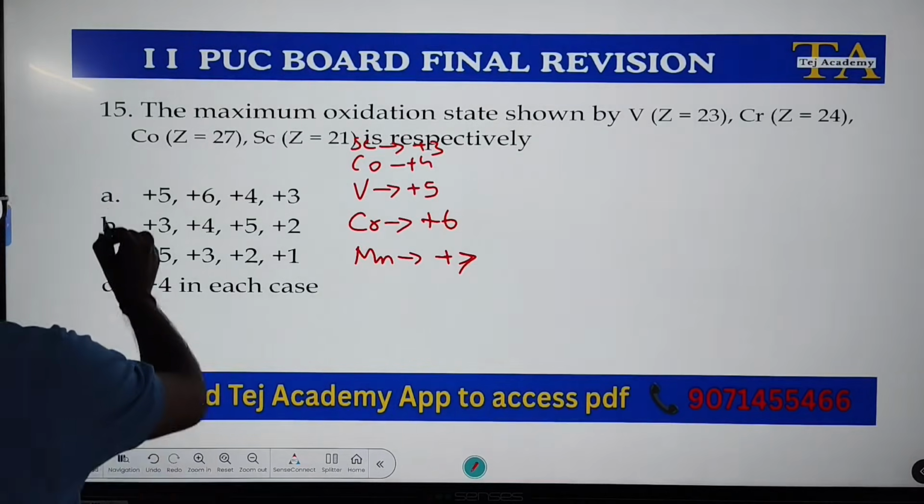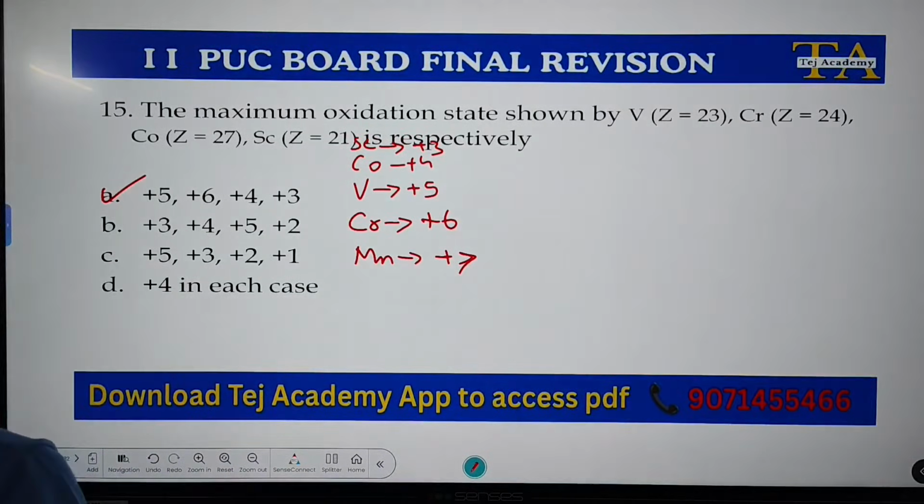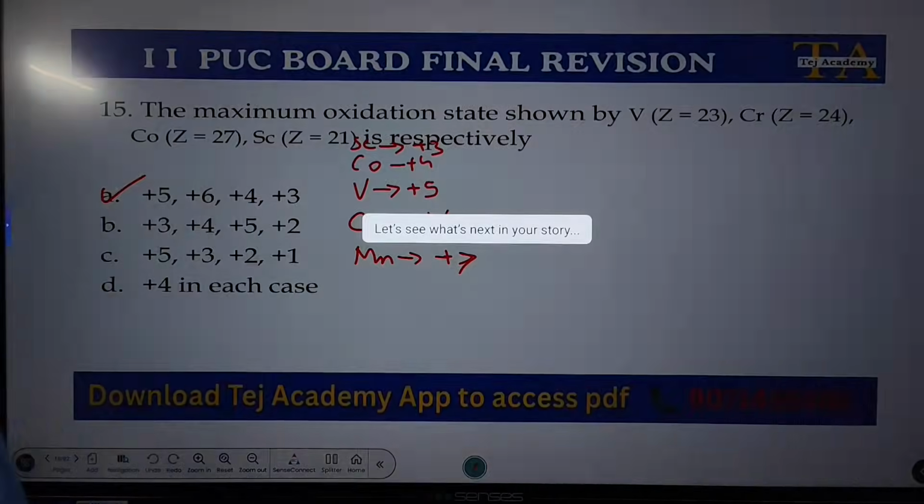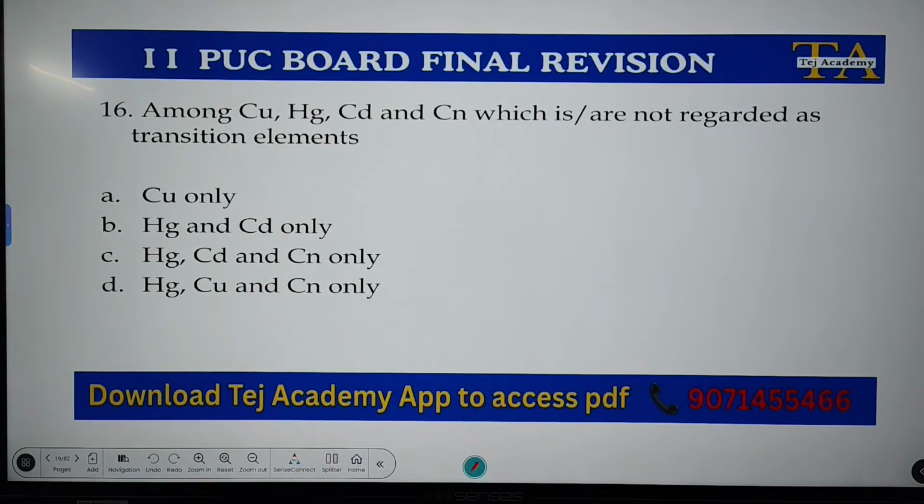So which option is correct? Option A is the right answer. Okay, now the 16th one. Among Cu, Hg, Cd and Cn, which is or are not regarded as transition elements?